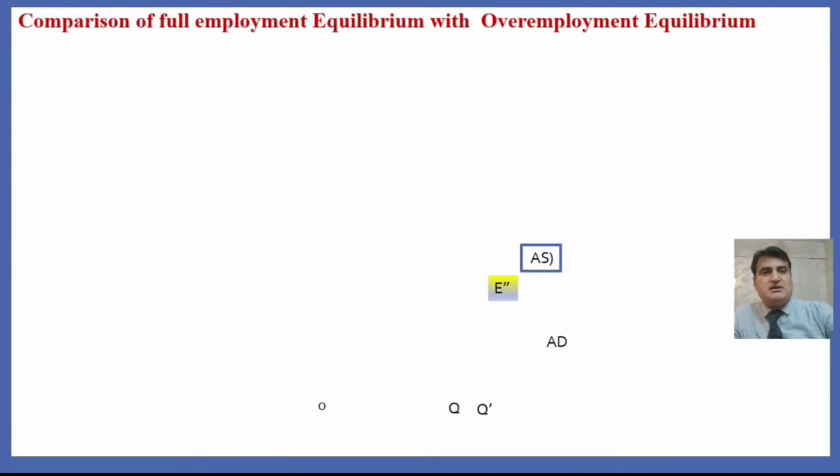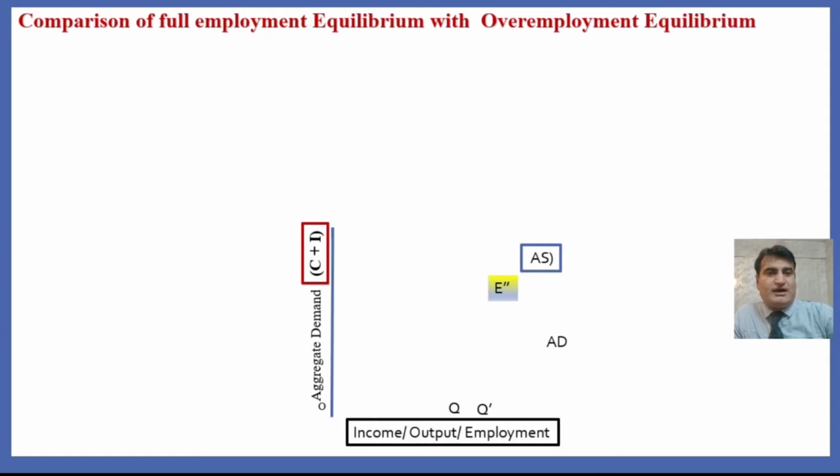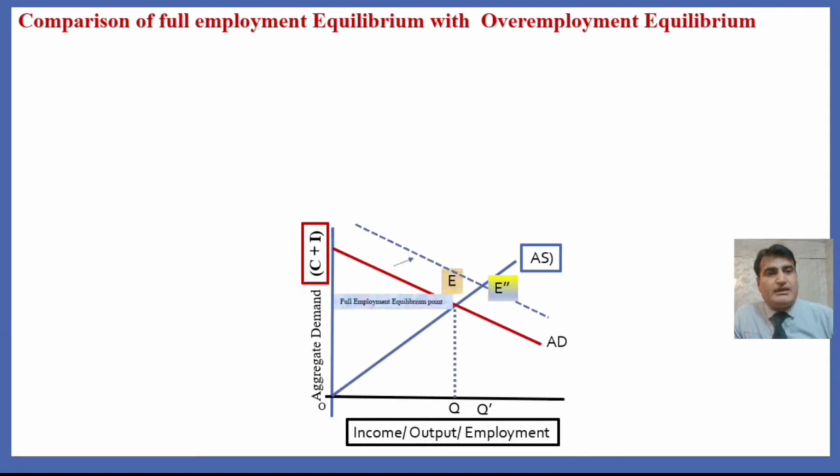How to compare the full employment equilibrium with overemployment equilibrium? So this is the aggregate demand and this is the aggregate supply on y-axis. So aggregate supply and aggregate demand intersect. Economy is said to achieve equilibrium at point E, where aggregate demand and aggregate supply are equal. When the aggregate demand shifts from AD to AD dash, the economy employment also increases from OQ to OQ dash.